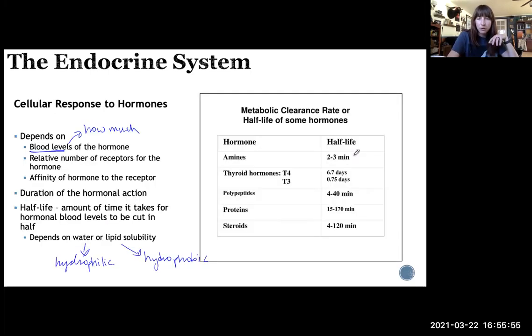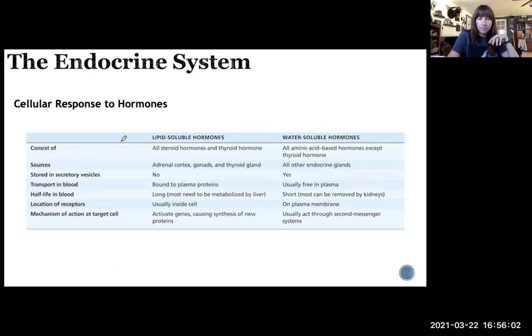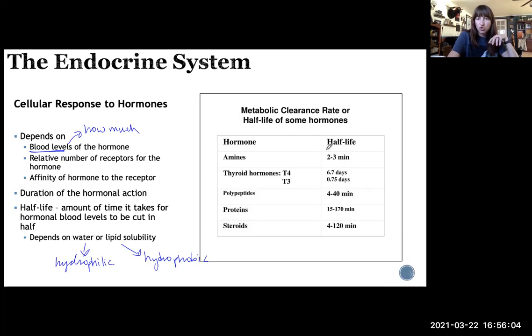So water soluble hormones like amines tend to be short-lived, okay? Short half-life. Thyroid hormones can last. This T4 hormone, which has only a slightly different physical structure than T3, has a much longer half-life, almost a week, whereas T3 is less than a day. So weird.